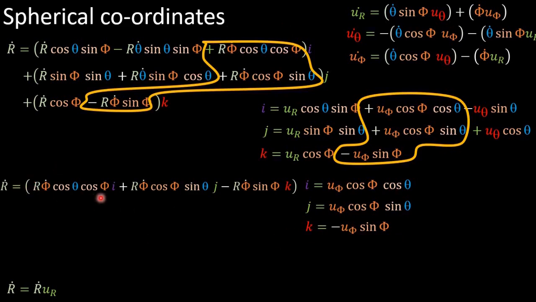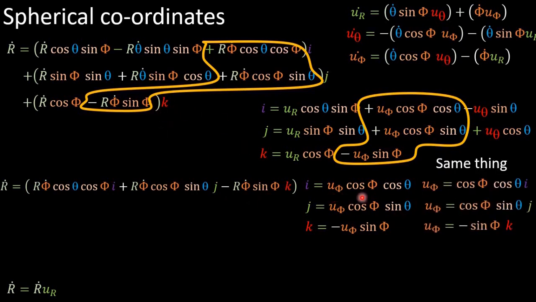So this term here was in the I direction, this term was in the J direction, and this term was in the K direction. I can then rewrite these again like this. So instead of saying I've got this much of u sub phi in the I direction, I'm now saying I've got this much of I in the u sub phi direction. Okay, and the same thing was applied to each term. But then I can take these again and write u sub phi like this by getting my expression for u sub phi in terms of I, J, and K.